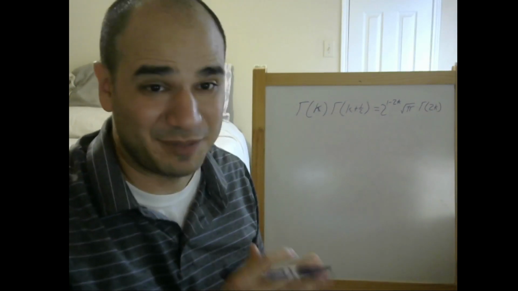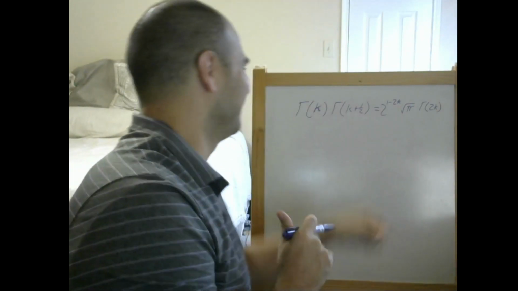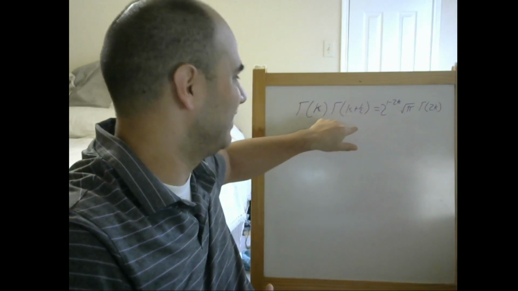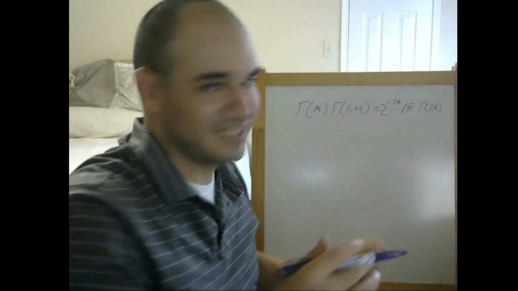So let's do a little bit of manipulation, then the observation. Right? So let's move this over to the other side, and we'll move these over here so we have all the gammas on one side.